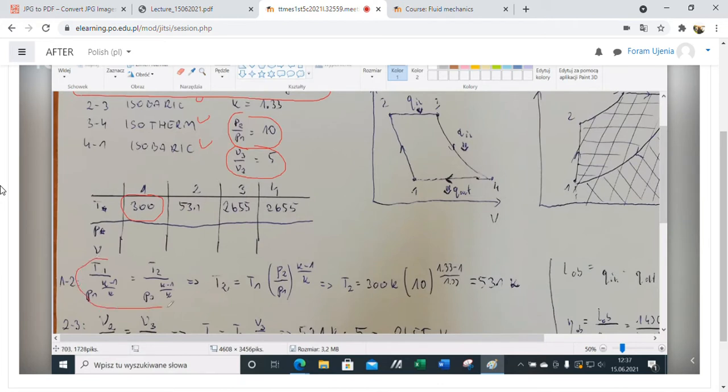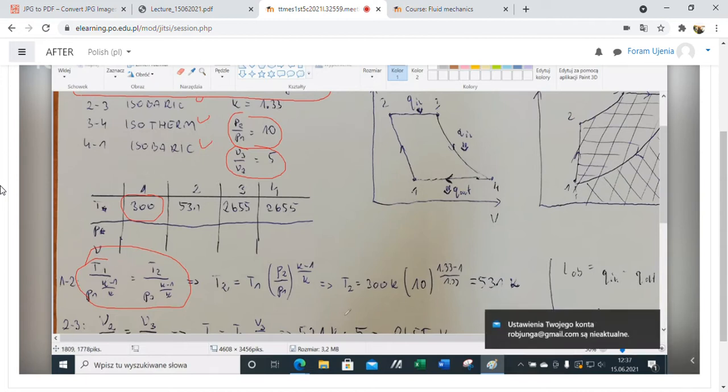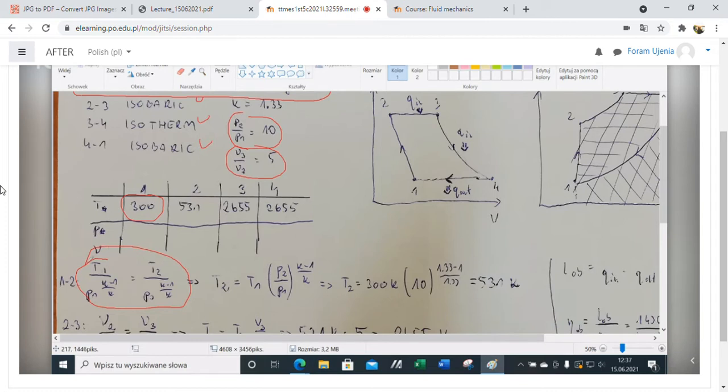And I can write the formula for this transformation like that. Yes, standard transformation equation. Okay, and here I will calculate the temperature at nodal point number 2.